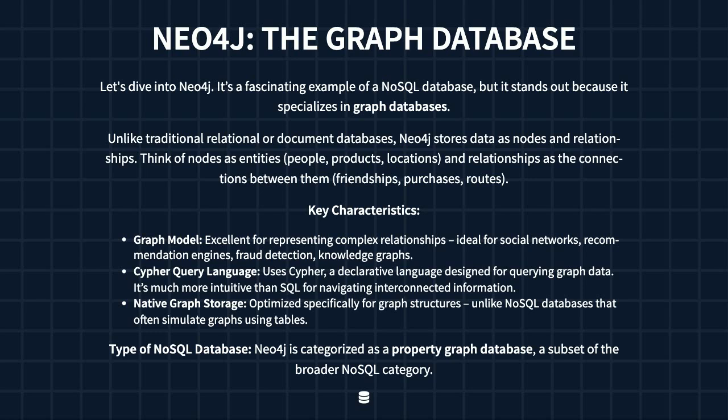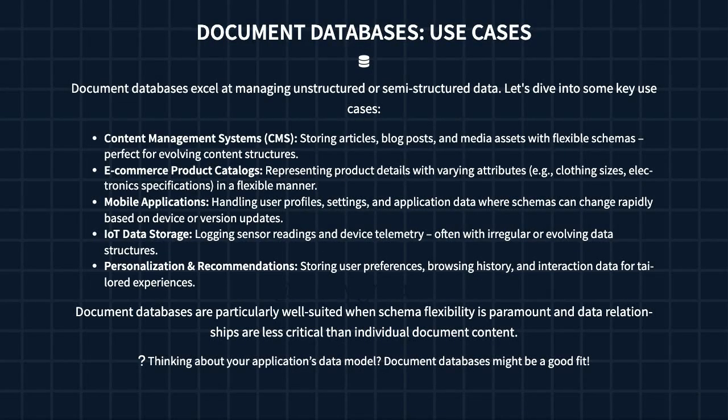That's how it works. It utilizes Cypher, which is a really user-friendly way to query this interconnected data. So, while technically a NoSQL database, it's actually a property graph database, meaning it's built from the ground up to excel at managing relationships.